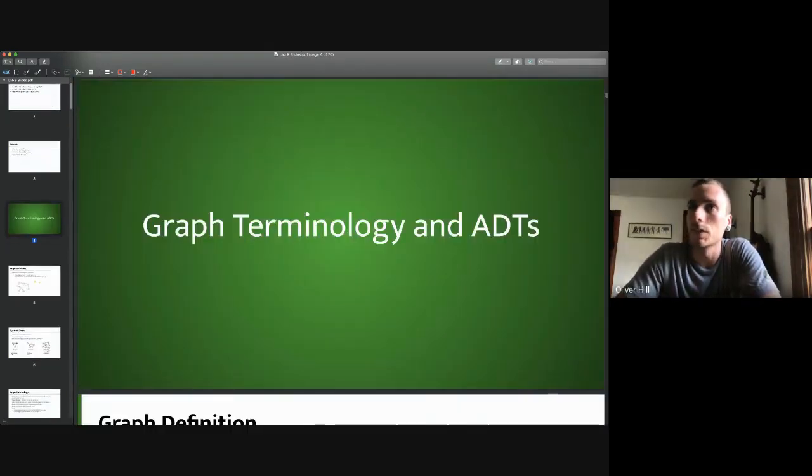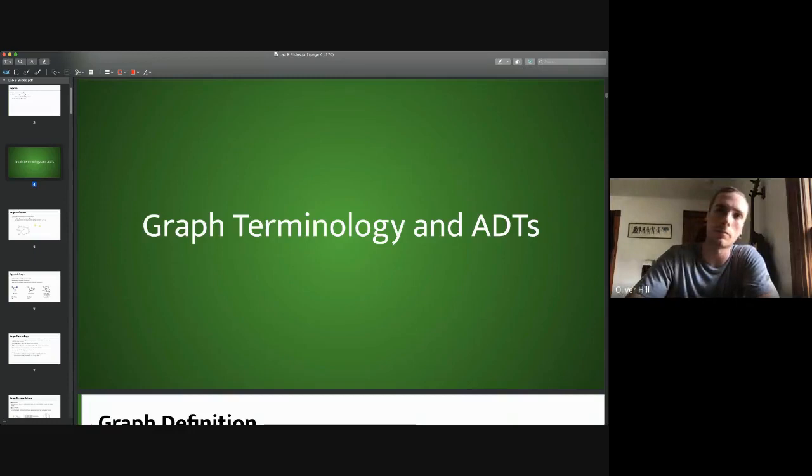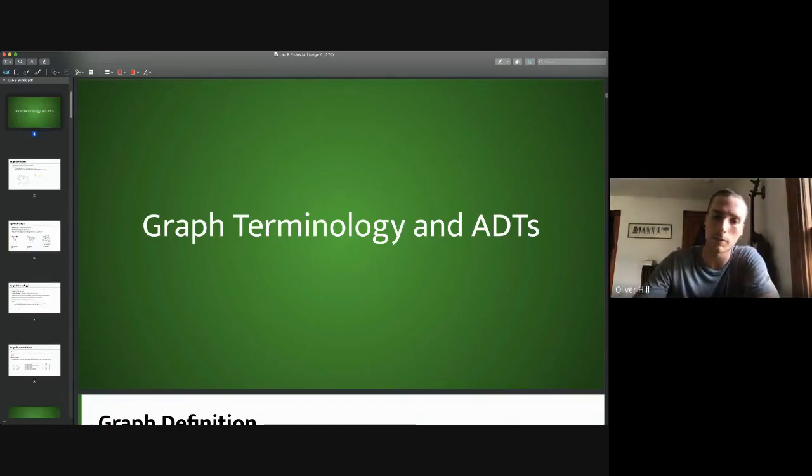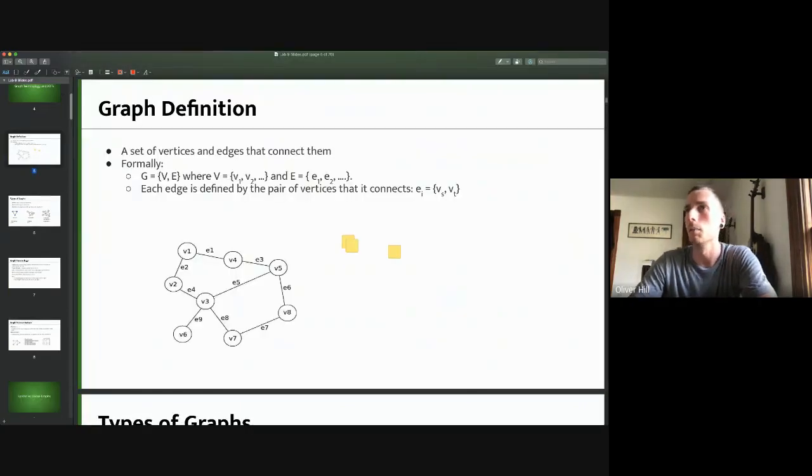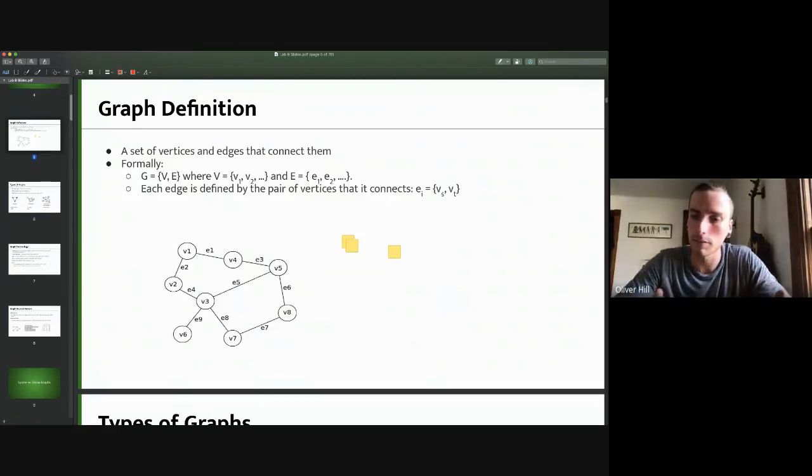Okay, so graphs, y'all have probably talked about this in the past, in 203, or I forget, but you should at least have an idea of what they are. But this is our definition. We have a set of vertices and a set of edges, V and E, typically.